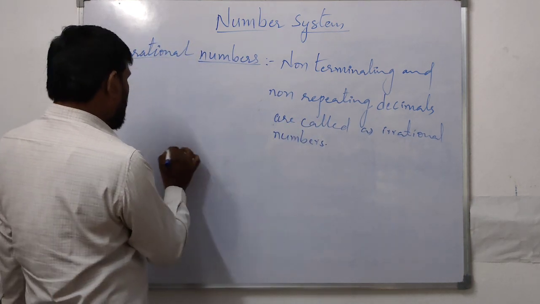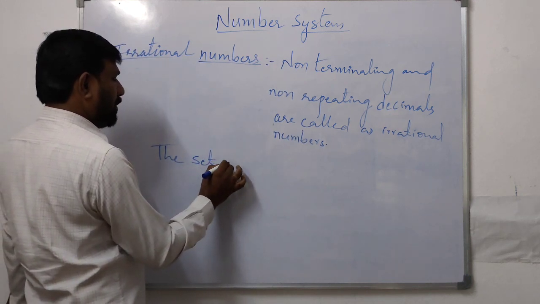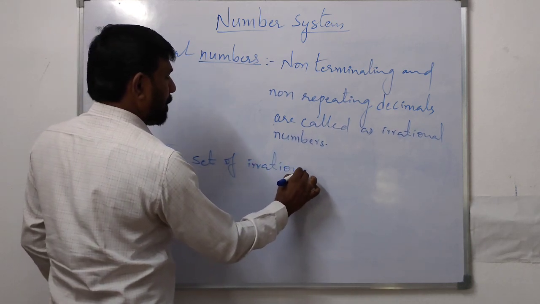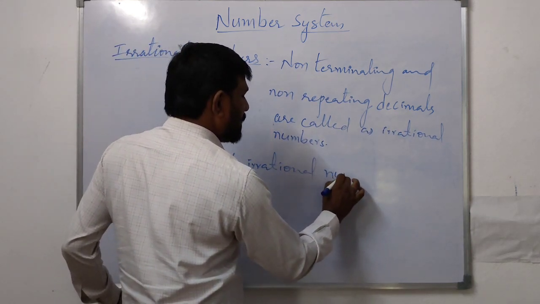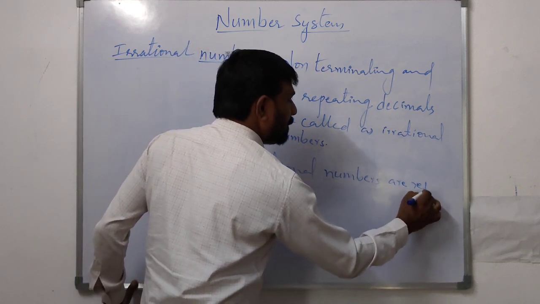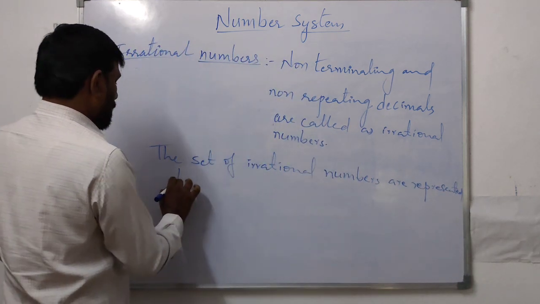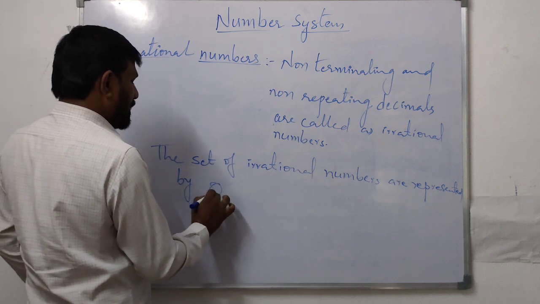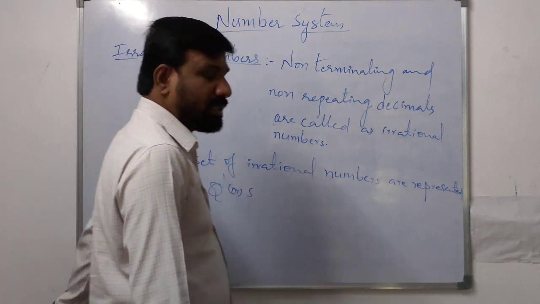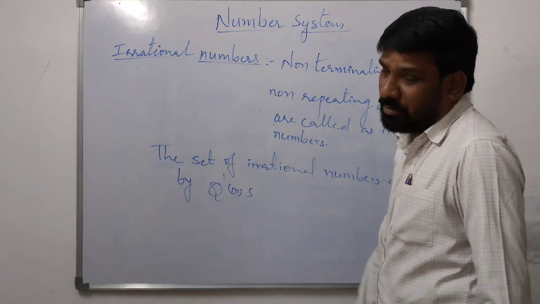The set of irrational numbers is represented by Q dash, or else S also, where S stands for third. That we will try to discuss in the coming classes. So Q dash, let us remember Q dash, right?